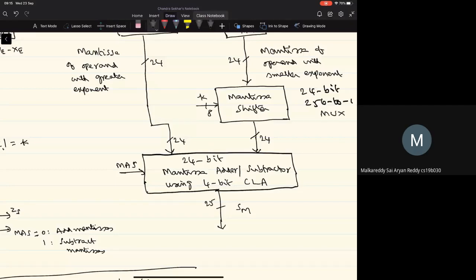And when you add the two 24-bit entities, the result can be a 25-bit entity because there can be a carry out of the most significant bit. So it's possible that the output here can be 25 bits. Now once you get this 25-bit entity, if I denote the bits of this SM as SM0, SM1, SM2, so on.